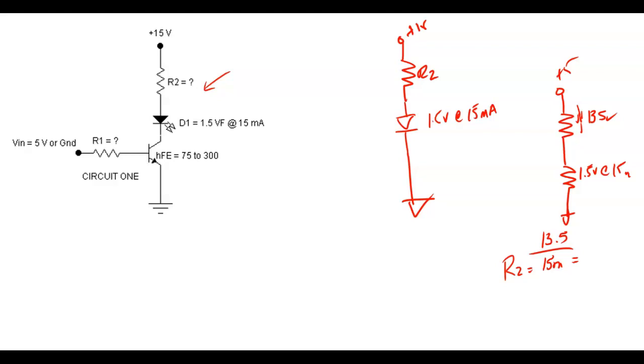I gave it to you. So what do we come up with for the calculated size for R2? Here's our 900 ohm resistor out there.